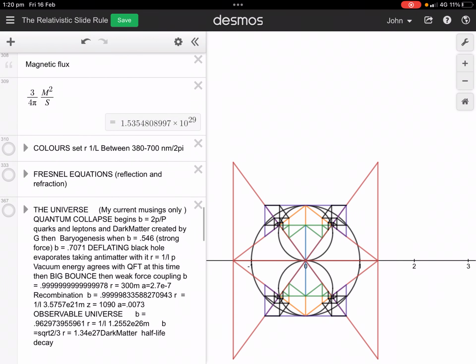And we're going to get on to colours and diffraction, which is the Fresnel equations, and that requires me to use proper velocity 1/t.